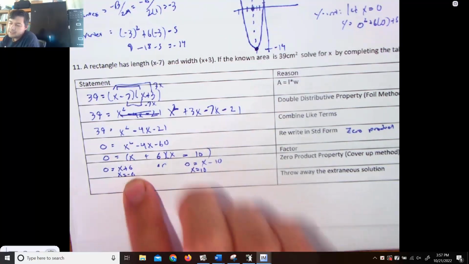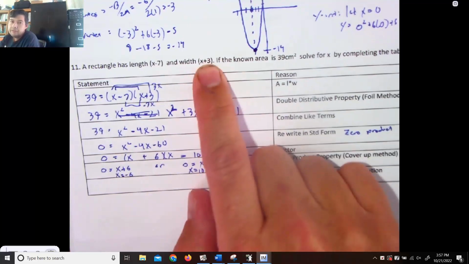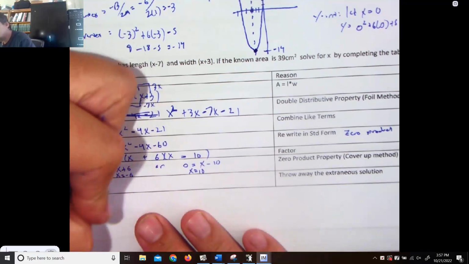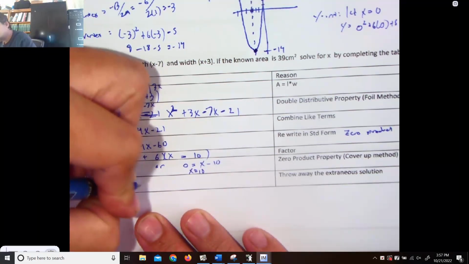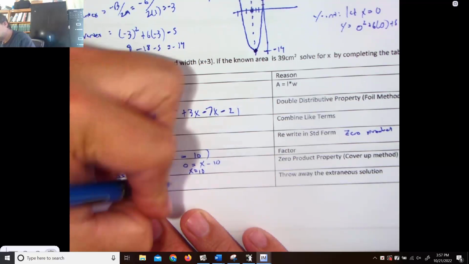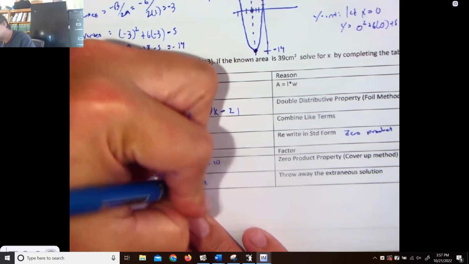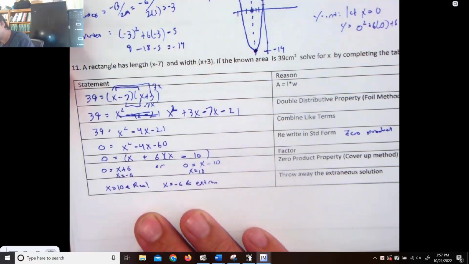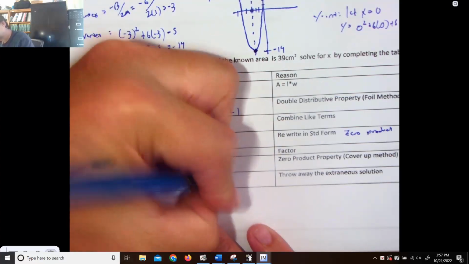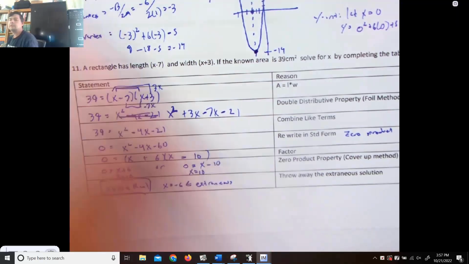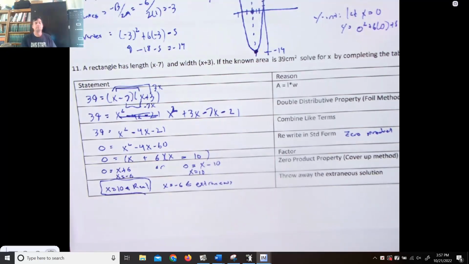So if I take this negative one up here, I'll have negative width and negative length. So the actual real solution is x equals 10. It's real. Okay? And x equals negative 6 is extraneous, not because it's negative, but because of what happens when you plug it in. So there's my real answer. I'm going to stop there for now.